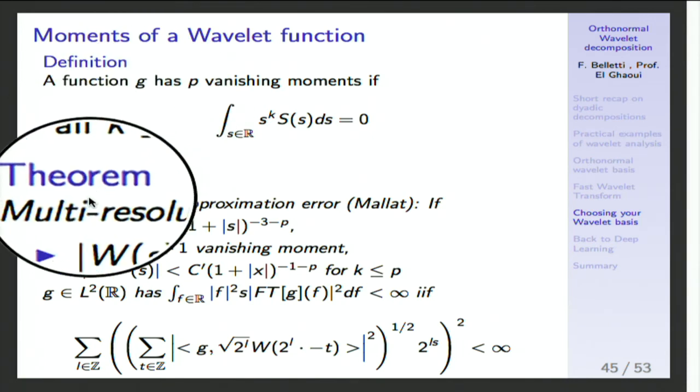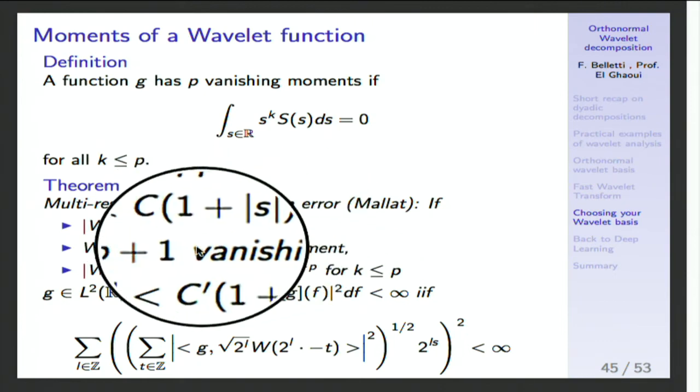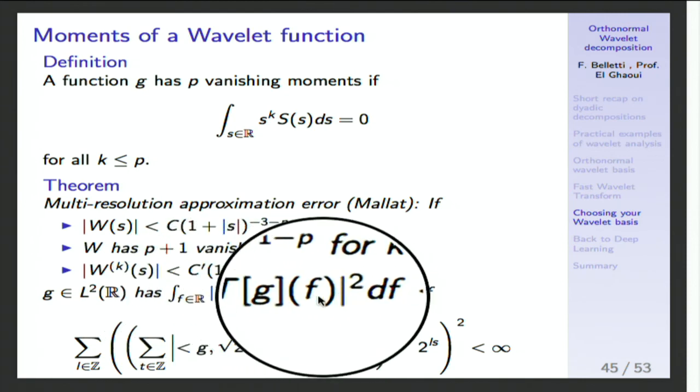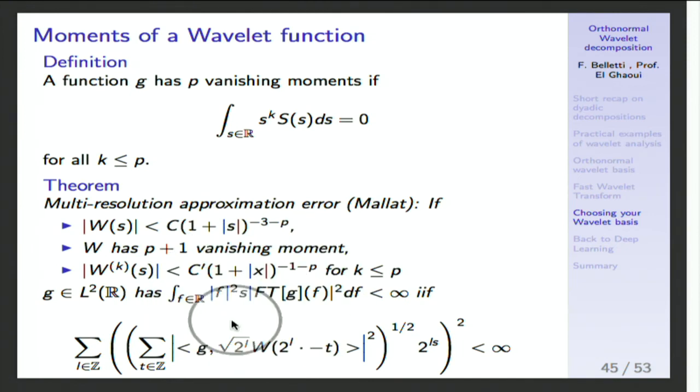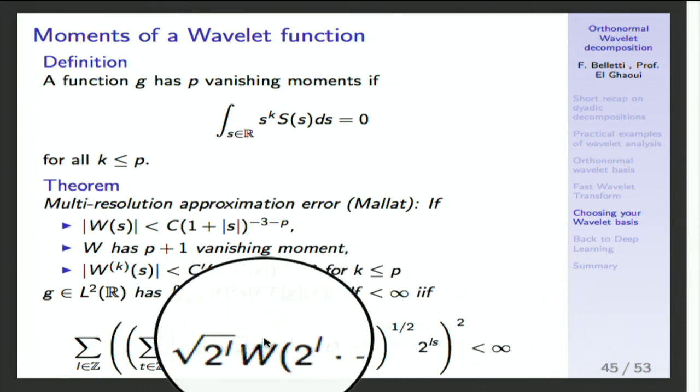More generally, you have a theory of multi-resolution approximation error, which was mostly developed by Mallat, that tells you that if your wavelet function has vanishing moments and other properties that make it more or less well-behaved, then for any function g in what's called a Sobolev space of order s, which basically gives you a set of functions that have a typical decay in the frequency domain in their Fourier transform, and therefore a certain level of smoothness, these functions have a certain bound on the value of the coefficients of their decomposition.